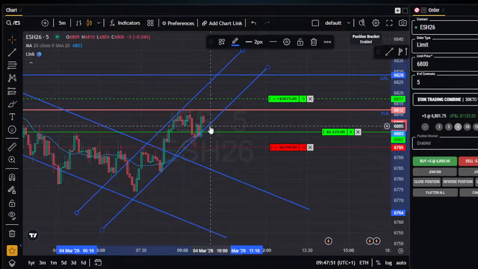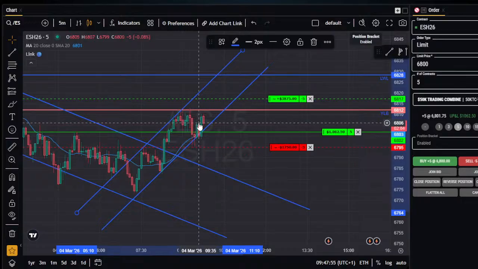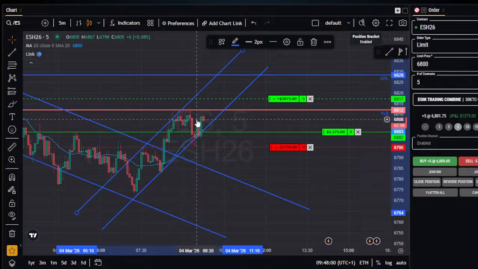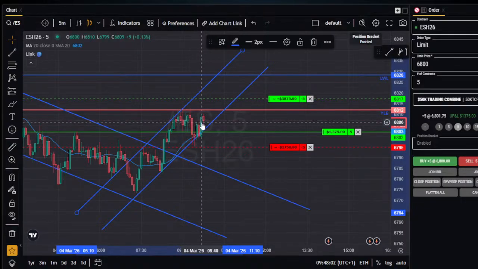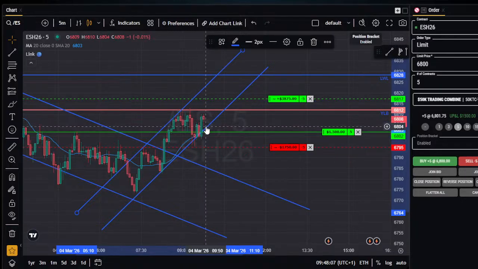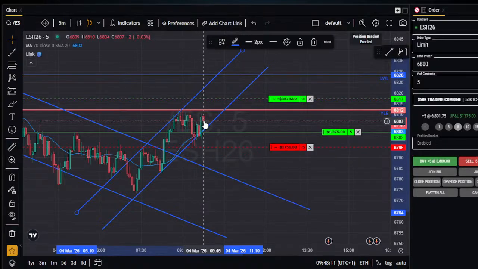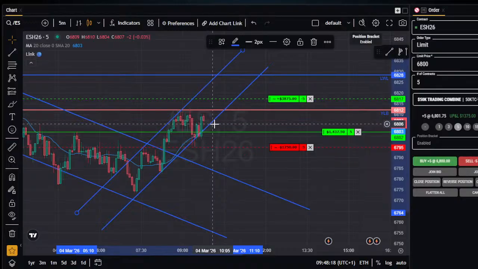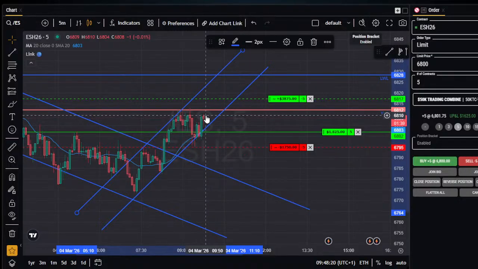But this is also a kind of test from this signal bar. Everyone who bought above this bar with the stop order and got filled here, their entry would be there somewhere, and if they have fear and anxiety, they will move their stop to break even with a profit of a couple of points, and that's what the market was expecting.